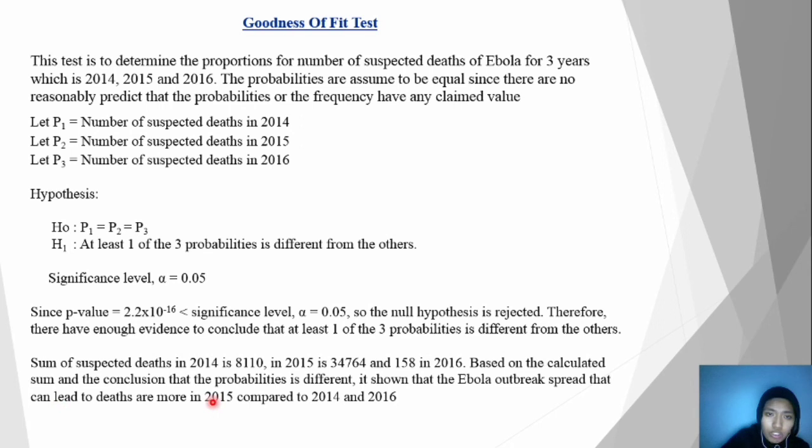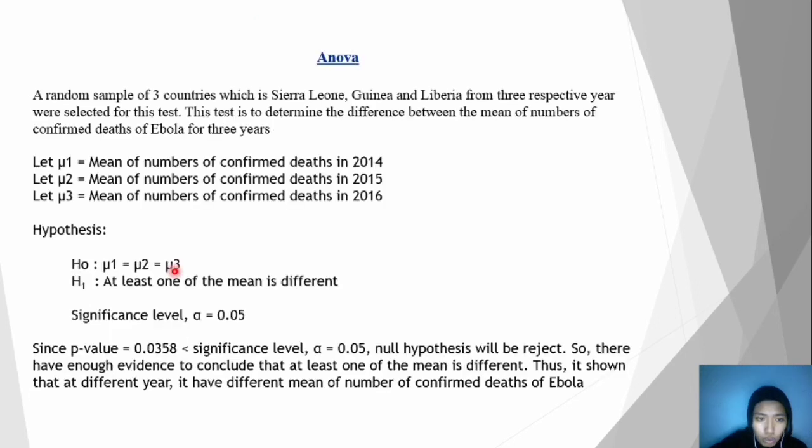Okay, the last test is the ANOVA test. A random sample of 3 countries was selected, and the null hypothesis is mu1 equal to mu2 equal to mu3, where mu indicates the mean number of confirmed deaths in each year, while the alternative hypothesis is that at least one of the means is different.